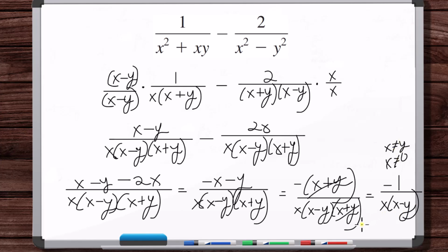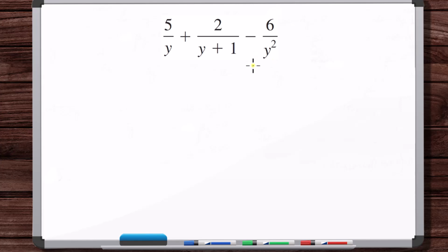But there's also the x plus y can't be equal to 0, so x can't be equal to minus y. If we look here, x can't be equal to 0, x can't be equal to minus y, and x can't be equal to y. So we've got all three of those. The x can't be equal to minus y is not shown in this expression.